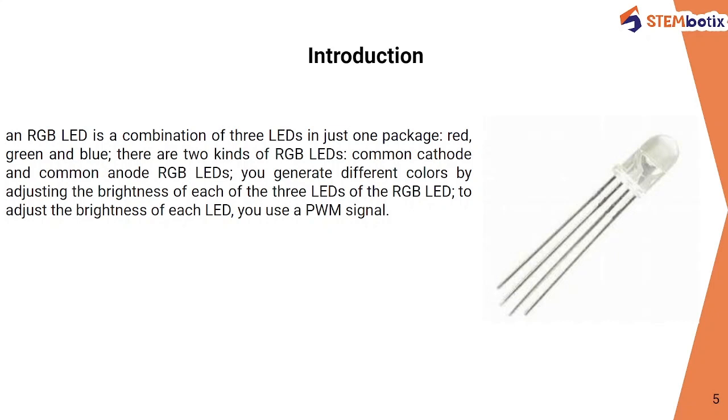All other colors are combinations of these three colors. Yes, like if you mix yellow and blue, you will find a green color. So by mixing these three primary colors, you will find other color combinations.